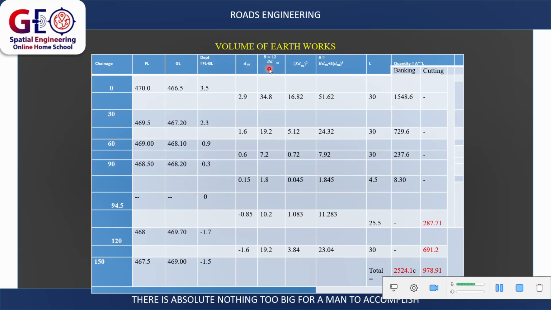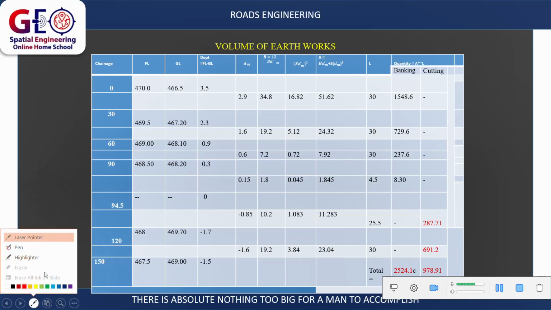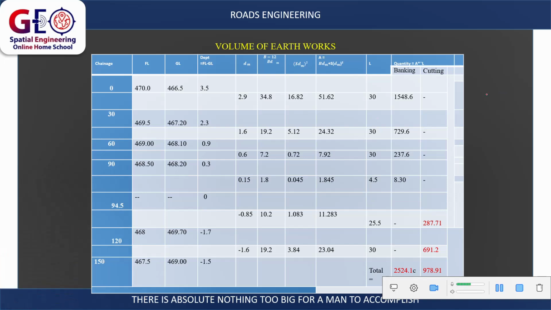So we can also calculate the surface area of the central point, which is B, the formation width of the road, multiplied by D. Do not forget, we have something like this. This is the center.